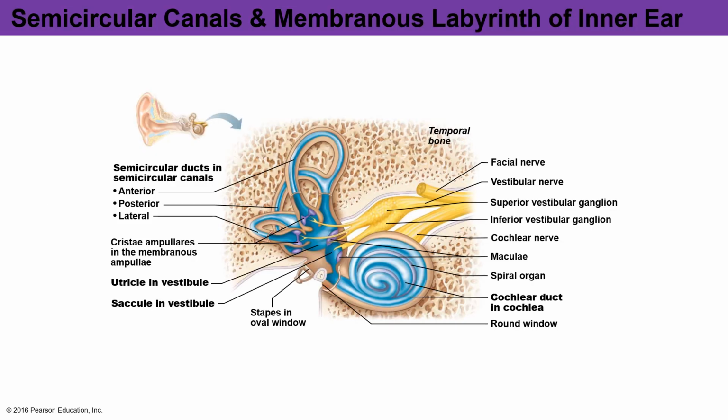Here we can see those semicircular canals we were just talking about. So let me highlight here in red. Right here, semicircular ducts in the semicircular canals. So we can see our anterior.